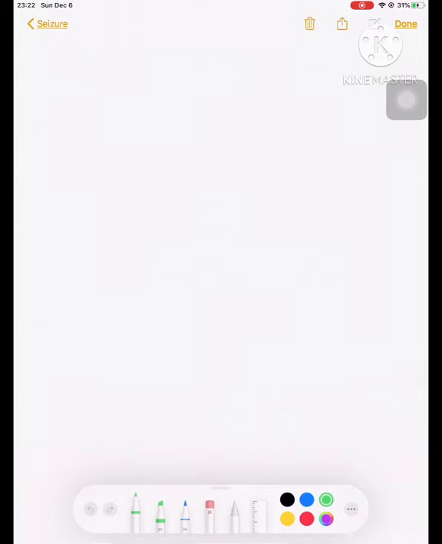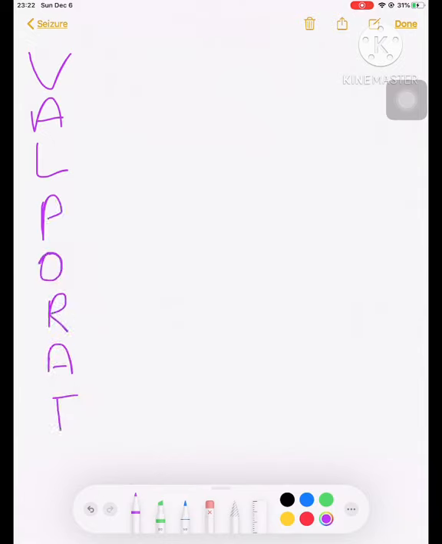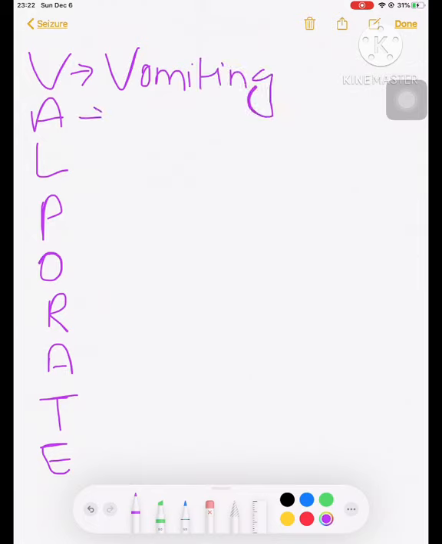Next we'll see the side effects of valproic acid. There is an easy mnemonic: just remember valproate. V is for vomiting. A is for anorexia. These are common side effects.